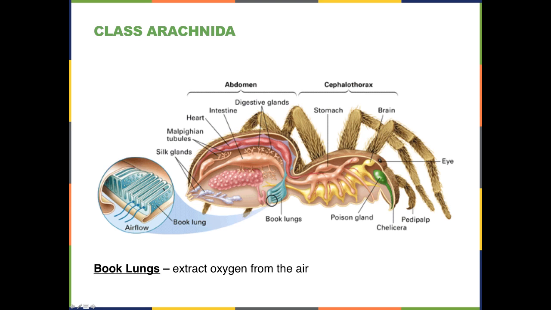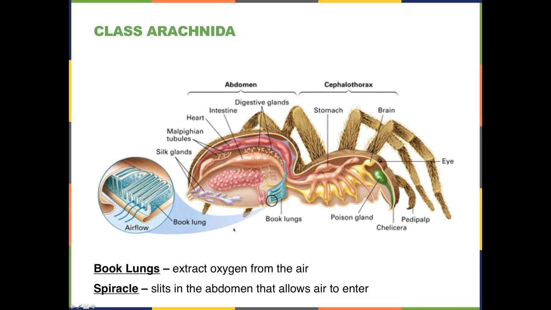So as air flows in, the oxygen is taken out, carbon dioxide is put in, and then the air flows out. And these are designed in such a way as to maximize the surface area for this exchange to occur.